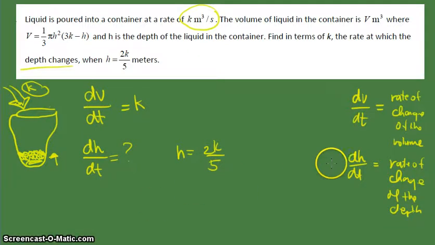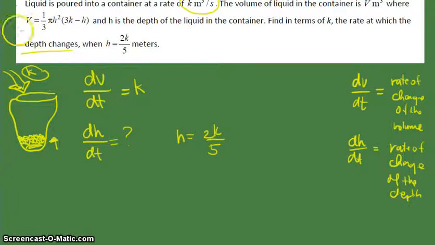Now, how are we going to continue with the solution? As you can see, the volume has the equation 1/3 pi h squared times 3k minus h. And if you recall our previous examples in the class, whenever we take the derivative of this with respect to time, then you have to differentiate also h and k with respect to time.